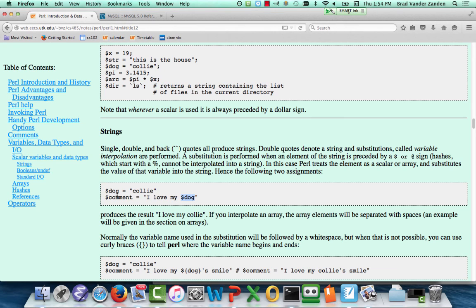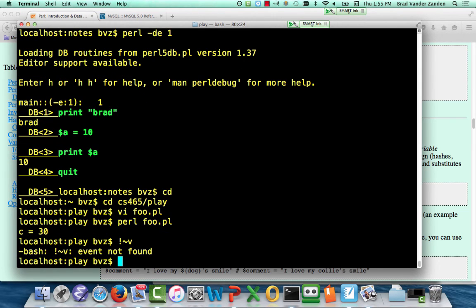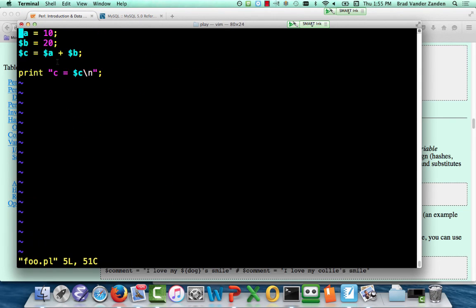So here it says $dog equals collie, then I have the double quoted string, "I love my $dog", and it will produce the string, I love my collie. I did that in this little program that I just wrote here as well. I said print "C equals $C \n". It interpolated the value of C, which was 30, into the eventual string.